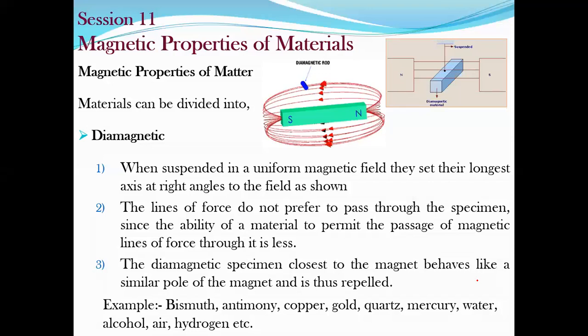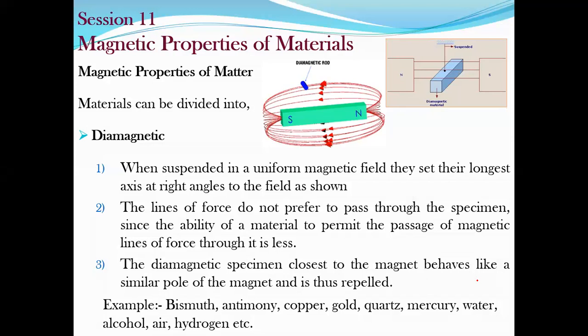Diamagnetic materials, when suspended in a uniform magnetic field, set their longest axis at a right angle to the magnetic field as shown, because it is a weaker magnet. The lines of force do not prefer to pass through the specimen.